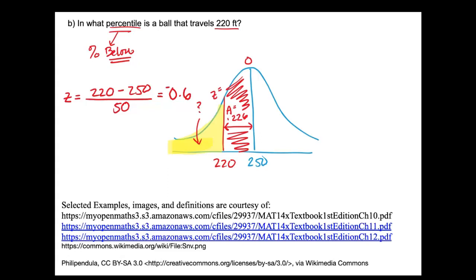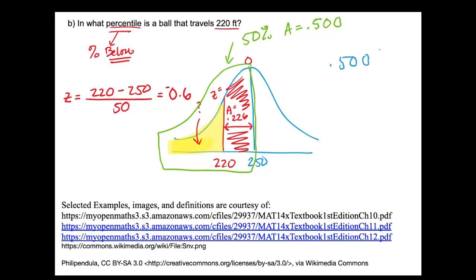So what I'm going to do is I'm going to use the fact that the area of the entire left side of the curve is 50%, which means the area is 0.5 or 0.500. So I'm going to take 0.500 and I'm going to subtract 0.226, which is what I don't want. And then I'm going to get an area of 0.274. So that's the area of that shaded region.